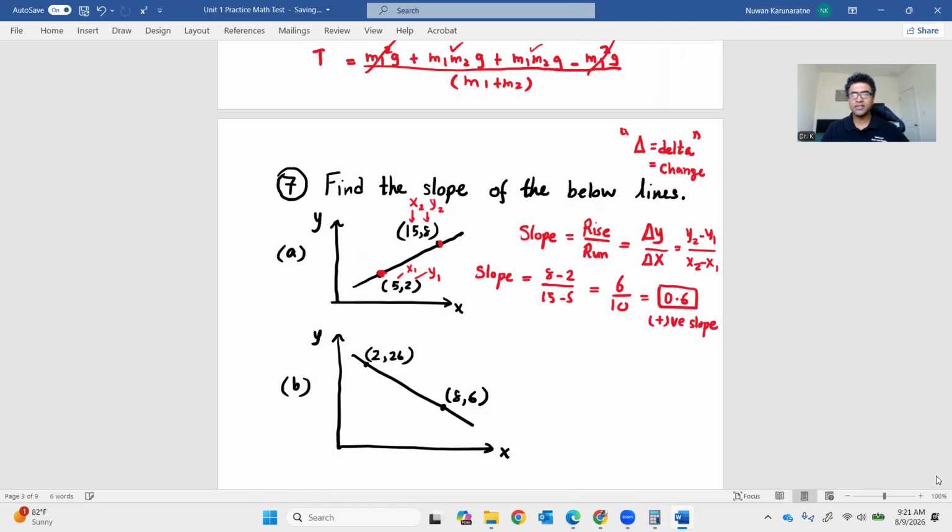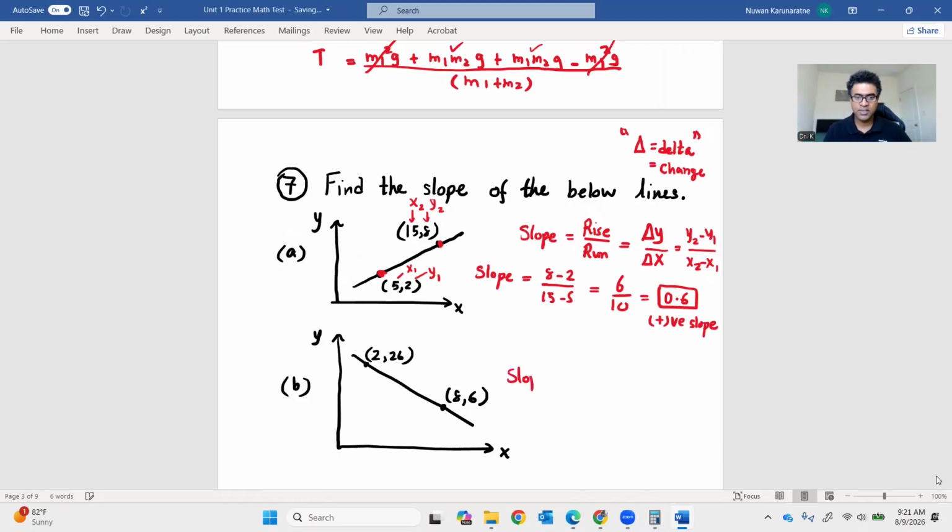The next one, it's in the other way. So that means as x increases, y decreases. In graph A, when x increases, y increases, meaning you have a positive slope. In graph B, when x increases, y decreases, meaning you will get a negative slope. So let's do that.